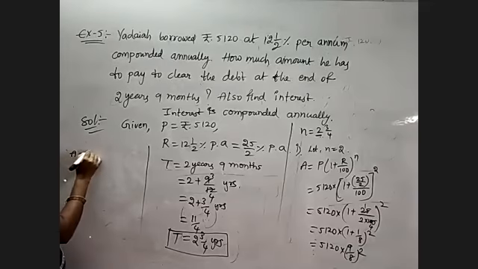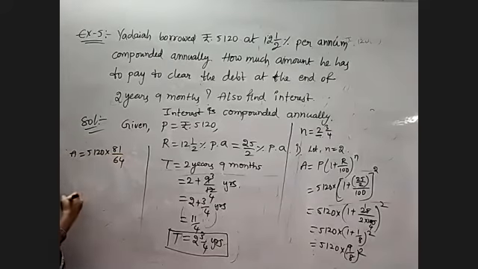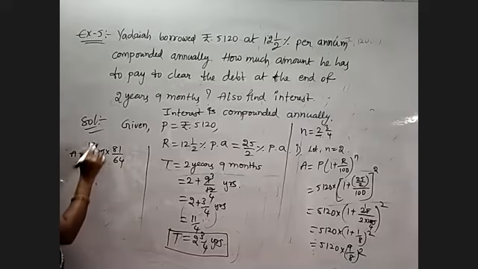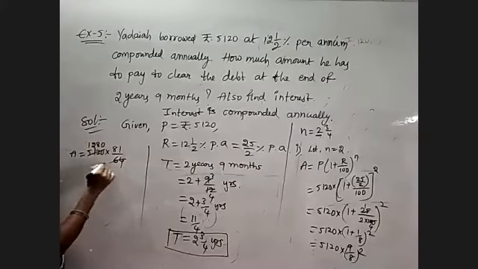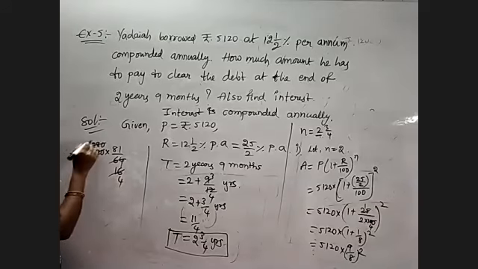Amount is equal to 5,120 into 81 by 64. Now do the calculations. I am taking the 4 table. 4 ones are 4, 4 twos are 8, 4 eights are 32, 0. 4 ones are 4, 4 sixes are 24, 4 fours are 16.